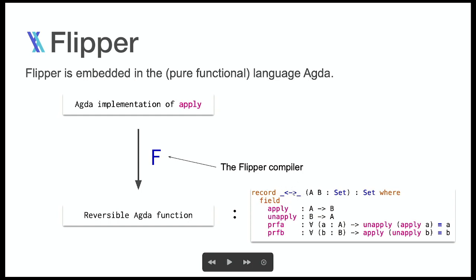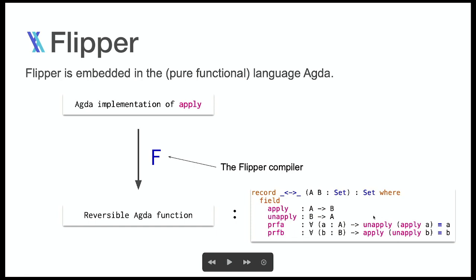To build a reversible function, you have to write an apply function, which is the do, an unapply function, the undo, and then these two proofs of correctness. The first proof says that for all A, unapply of apply of A is equal to A. And the second proof says that apply of unapply of B is equal to B. So they're obvious bijection properties. This type is often called an isomorphism in the functional programming literature.